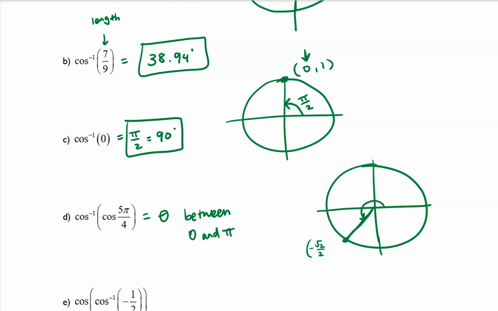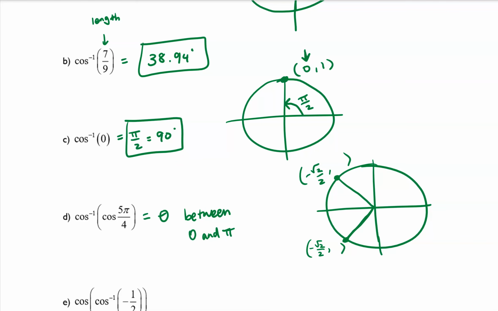And so the place where it's going to have the same cosine value is in quadrant 2. If we reflect it over the x-axis, this will have the same x value there. We don't really care what the y value is.